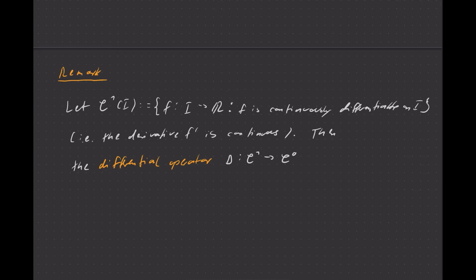So this differential operator, defined as D of f is the function f prime, is a linear mapping. And of course, I already mentioned that C1 is a vector space.